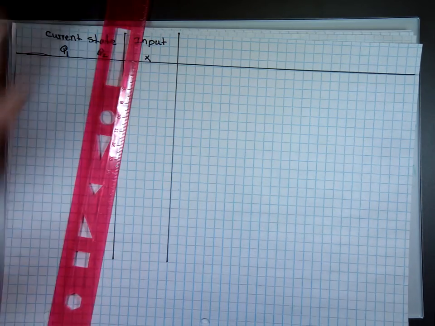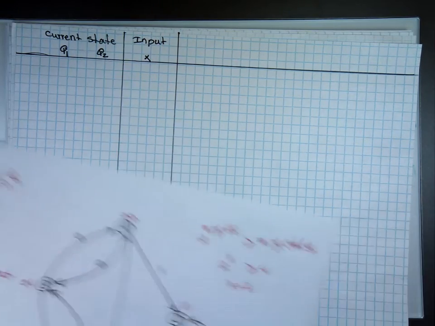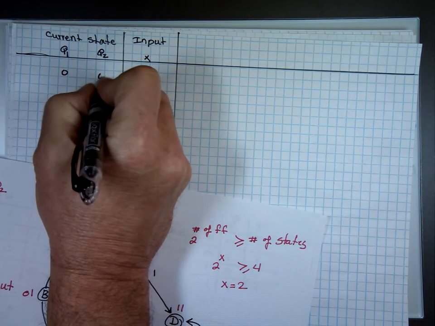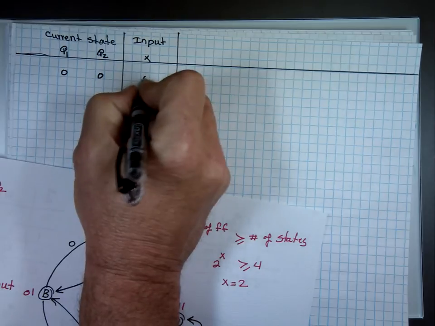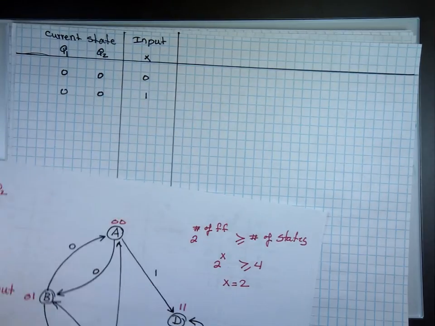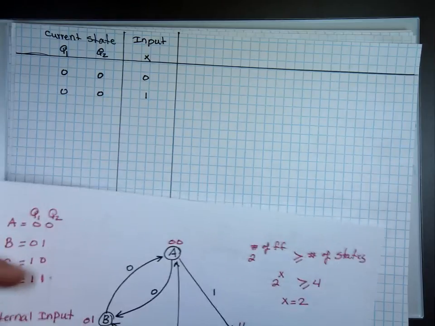I need to look back at this one. So let me list my cases. I could be in state 0, 0. My input could be 0, or with 0, 0, my input could be 1. Let me look at the next state.